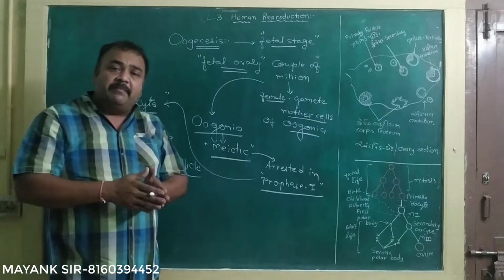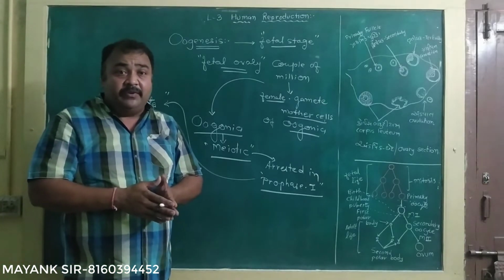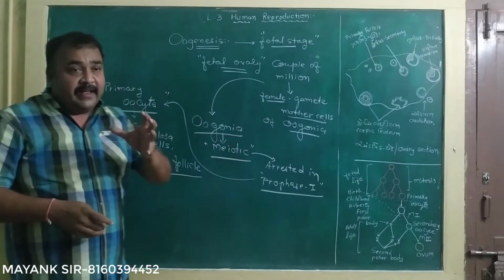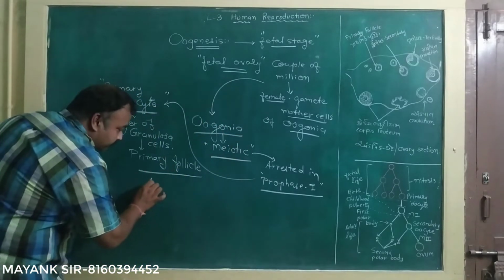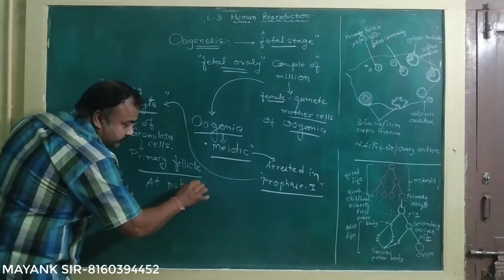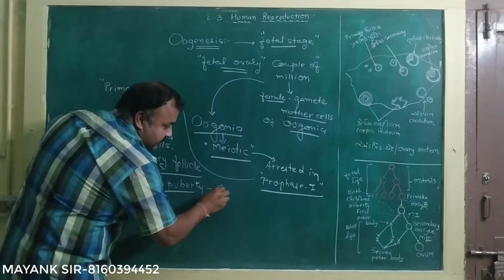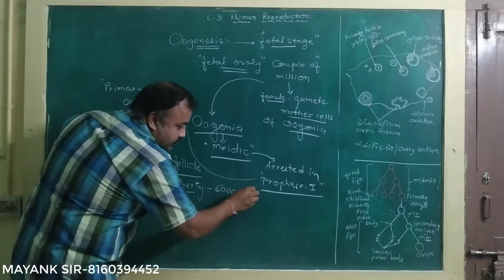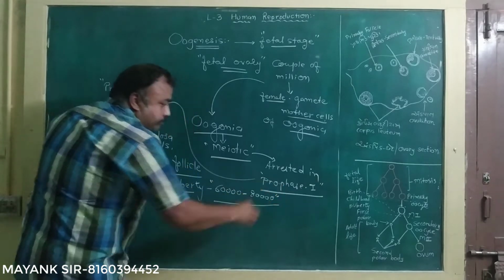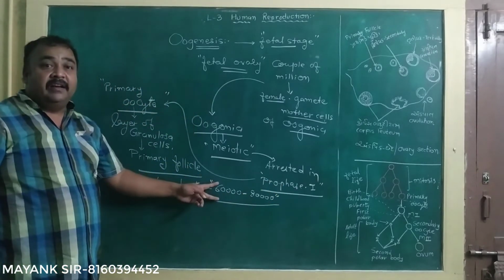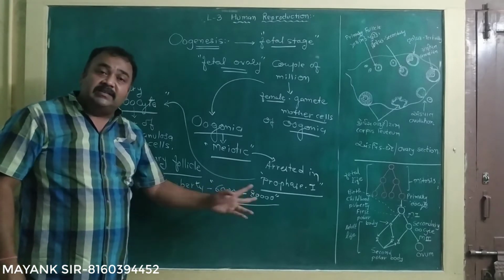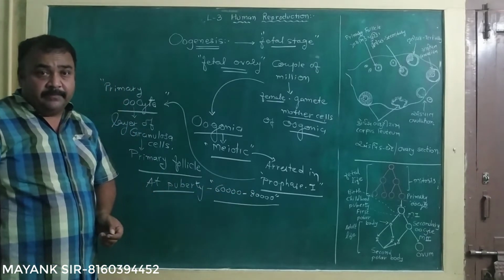So most of the primary follicles become degenerated during the phase of birth to puberty, and so at puberty only 60,000 to 80,000 primary follicles occur in the ovary. How many? Only 60,000 to 80,000.